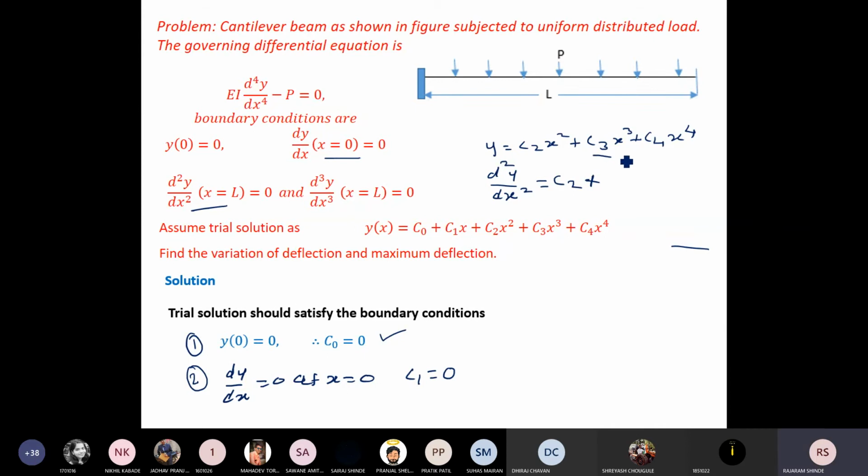First derivative is 3c3x square, now second derivative is 6c3x. Now here first derivative is 4c4x cube, second derivative is 12c4x square.